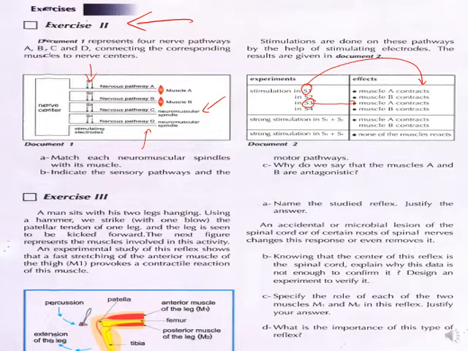Since the stimulation in S2 leads to the contraction of muscle B, and the stimulation in S4 leads to the contraction of muscle B. So if they match each neuromuscular spindle with its muscle, we're already done.